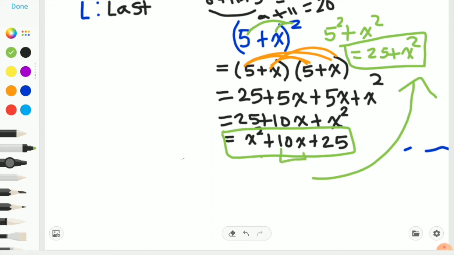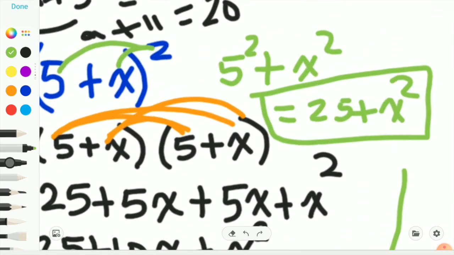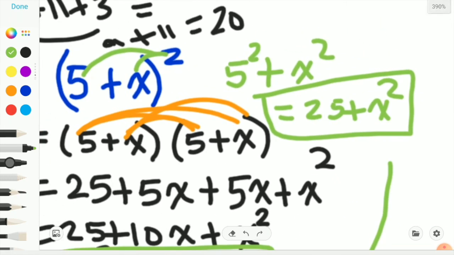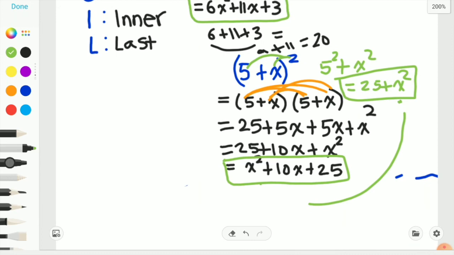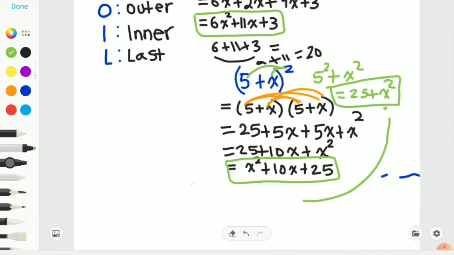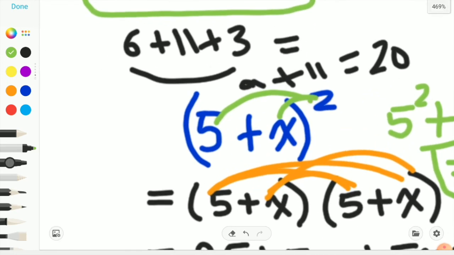So that's why it's really important to FOIL. And even if you did this accidentally and checked your work with the way I showed you, you would get a wrong answer. Big takeaway: do not distribute the exponents if it's a binomial, and also make sure about the signs.